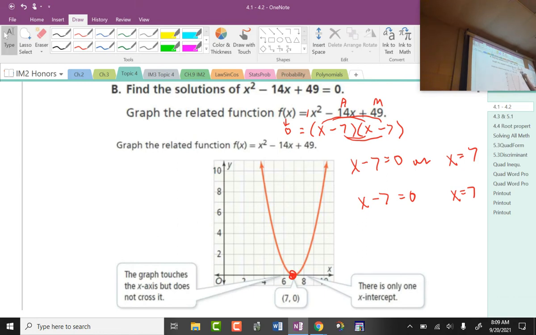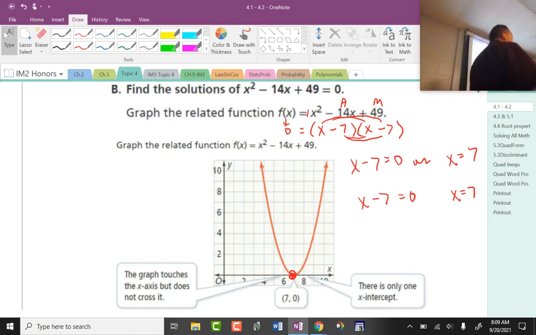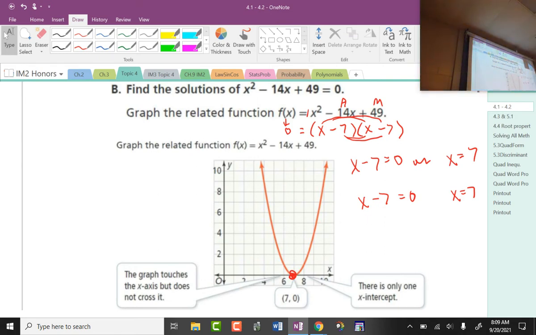But then what that turns into for a solution is 7. And actually that means the x-intercept is at (7, 0), and there's only 1. This is called a double solution, or a solution with multiplicity 2. But we'll wait for that concept and that name until the end of the year, all the way into May, I hope, or maybe even before.